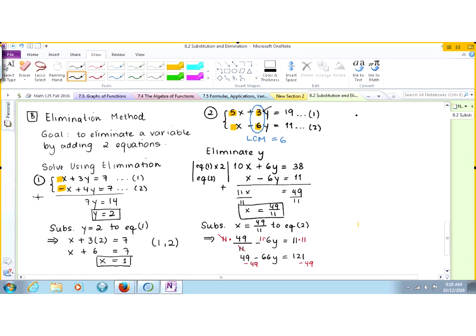So I have to do it here. Negative 66y is equal to, what is 121 minus 49? 72? Is it? Yeah. Okay. And then divide both sides by negative 66. Y is equal to, well, can we reduce this? It's divisible by what?